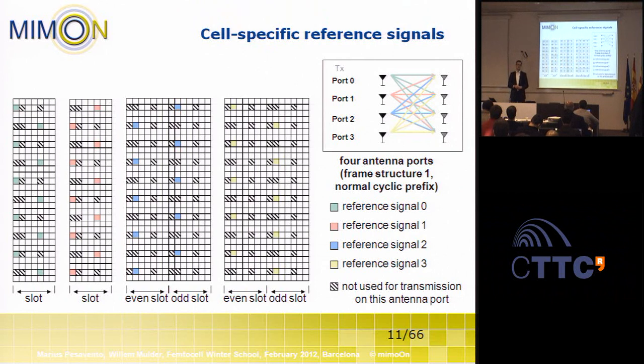The channel estimator is not specified in the standard. That's of course the choice of the manufacturer. Usually we look at some Wiener filter in time and frequency, but this is not a question of the standard. It's a question of the manufacturer.